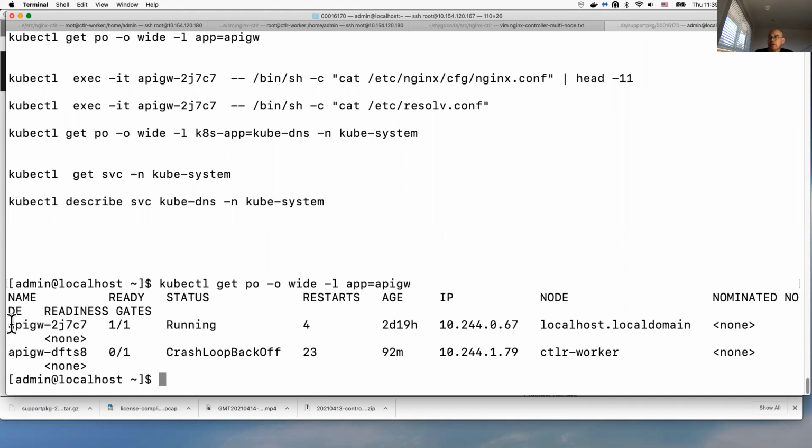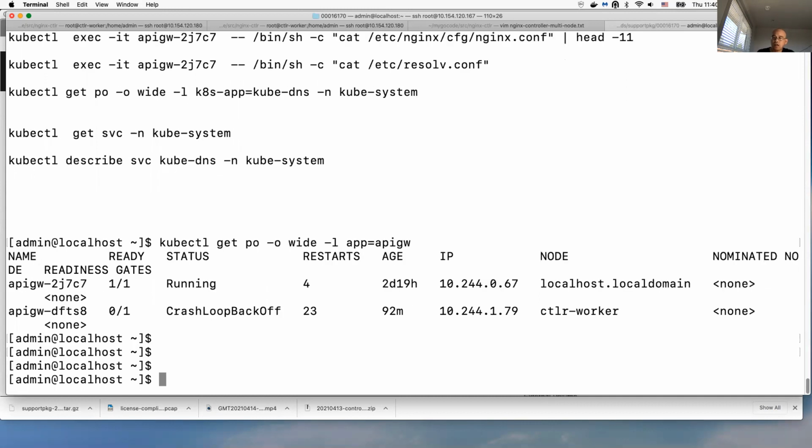This API gateway pod is running fine, and it is in the localhost node. And this API gateway pod is in the controller worker node, in CrashLoopBackOff. That's not good, so let's find out.